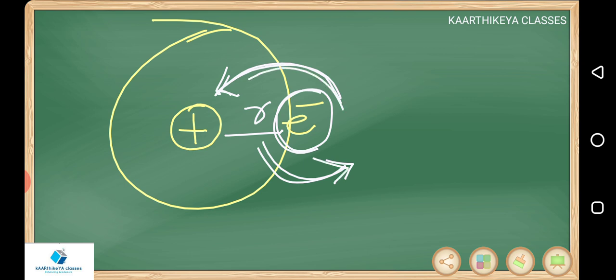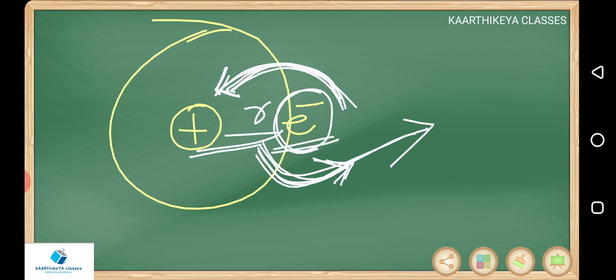Because of the centripetal force, the electron should come inside. Because of the centrifugal force, it should go away. If the centripetal force is more, the electron will come and join the nucleus. If the centrifugal force is more, the electron will go away. So the centripetal force and centrifugal force must be equal so that the electron can remain there.